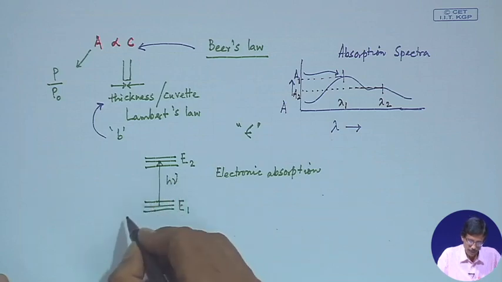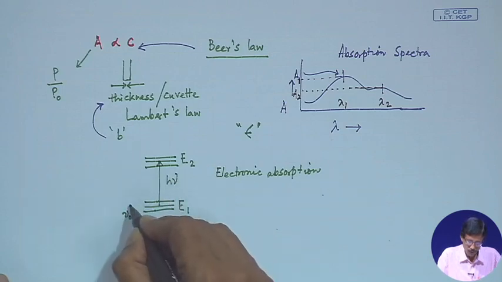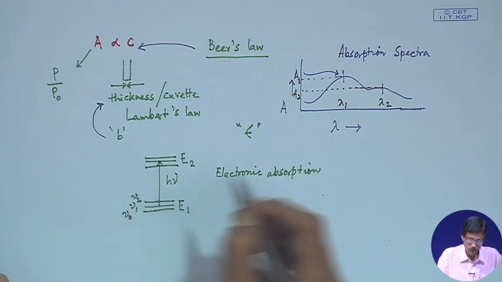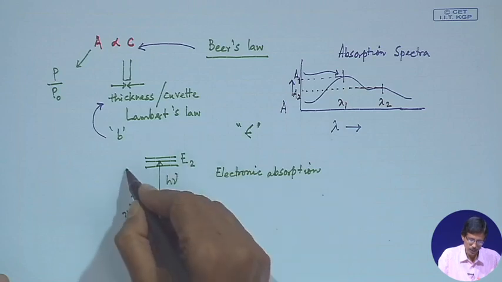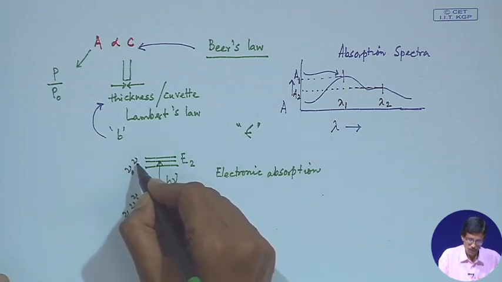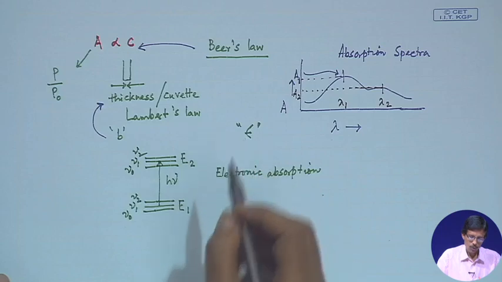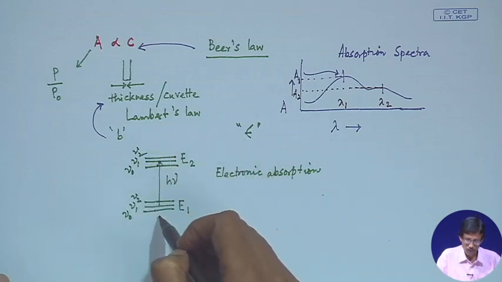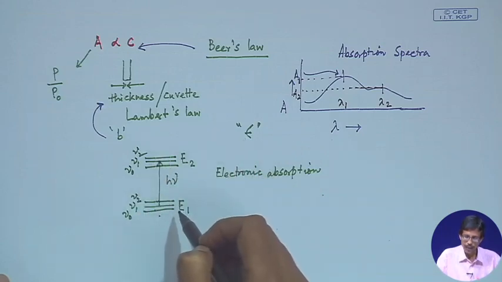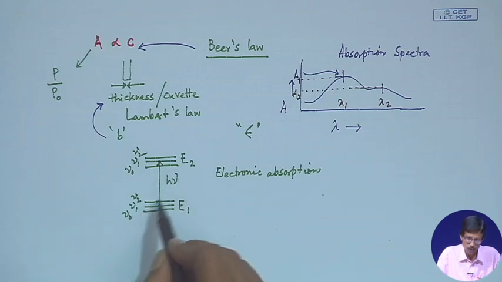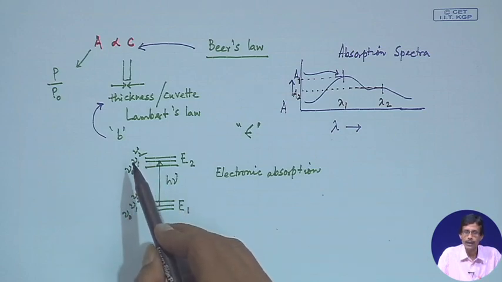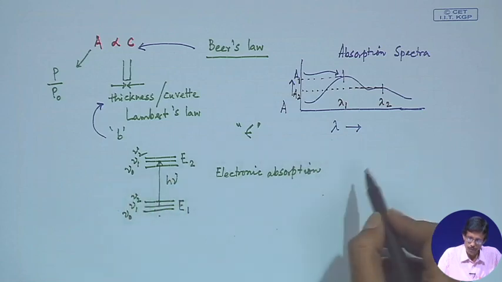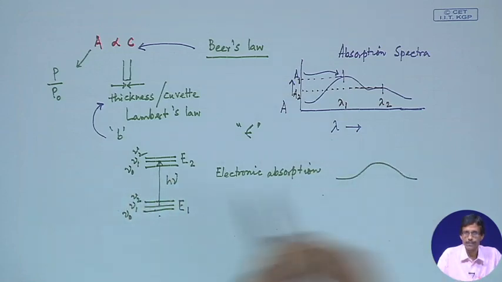These vibrational levels can be V0, V1 and V2, and similarly the vibrational levels associated with energy level E2 are also V0, V1 and V2. We do not get these in the aqueous solution, where we get the average electronic transitions. It is averaged out, we cannot separate the different vibrational levels, so we get a very broad absorption spectrum like this.